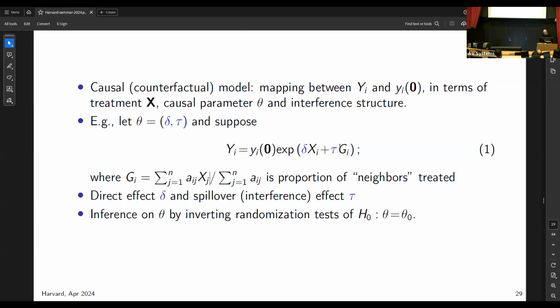And so the coefficient on G will give us some indication of the spillover or interference effect. Okay. So you posit this sort of model, and then essentially because we have randomization, and I'm skipping over all the details here in the interest of time, you can invert a randomization test to construct point estimates and confidence intervals for delta and tau.